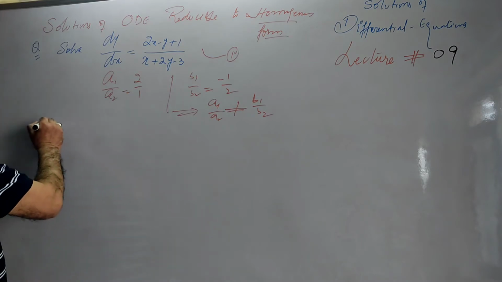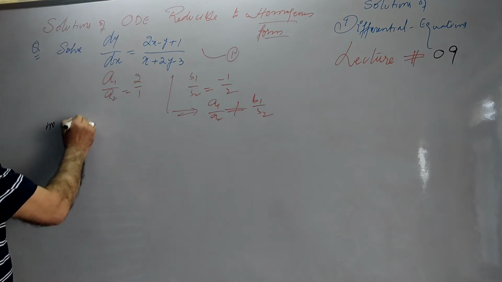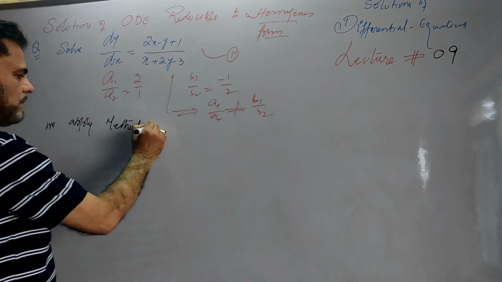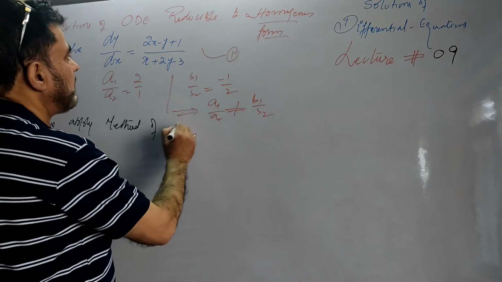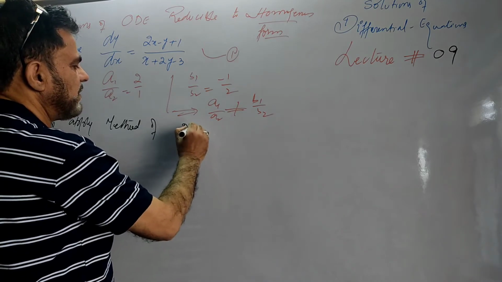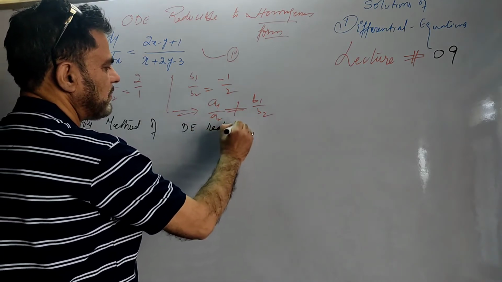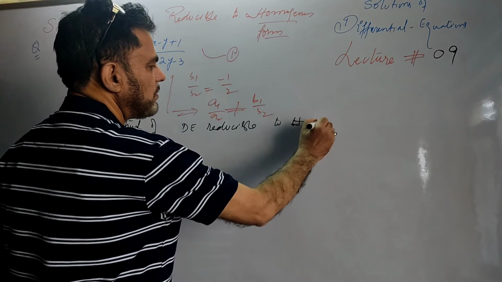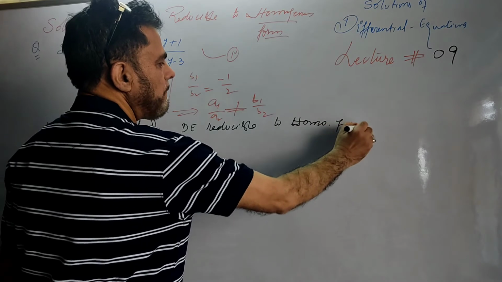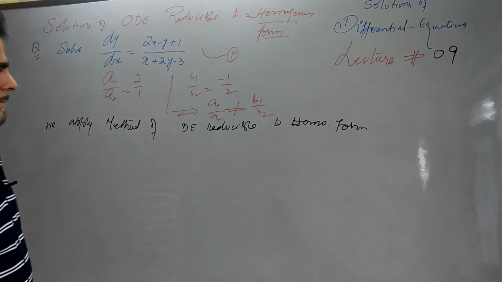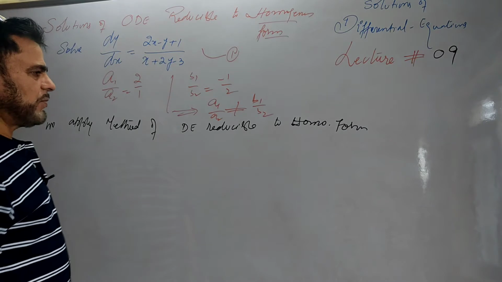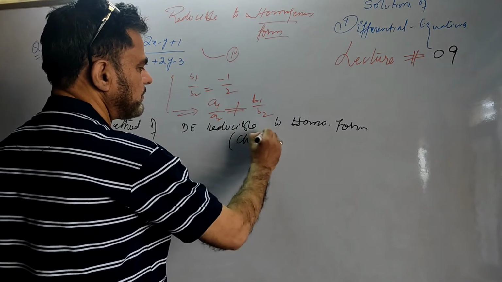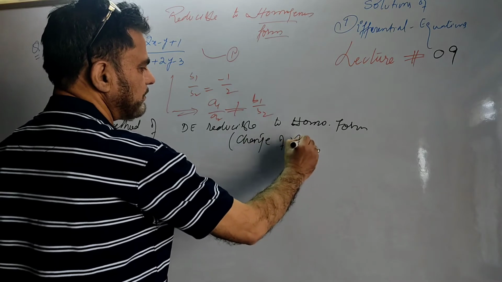Now we apply the method of differential equation reducible to homogeneous form. Actually, it is the change of variable method.